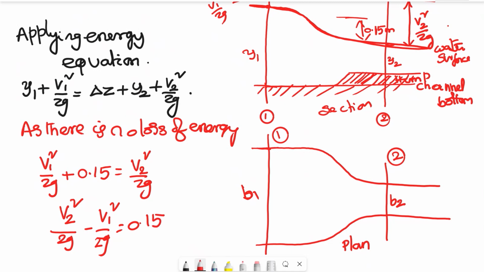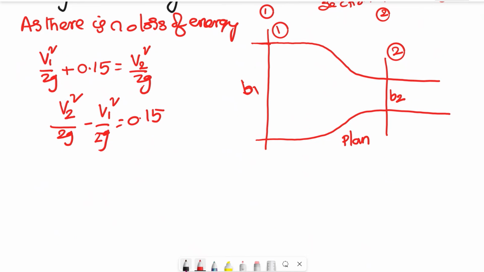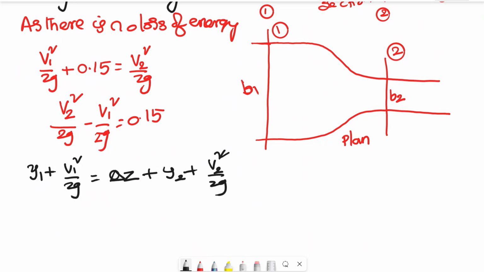So now, I take the energy equation and see what I can do. y1 plus v1 squared by 2g is equal to delta z, the hump height, plus y2 plus v2 squared by 2g. y1 is known, but y2 is unknown, and v1 and v2 are both unknowns.